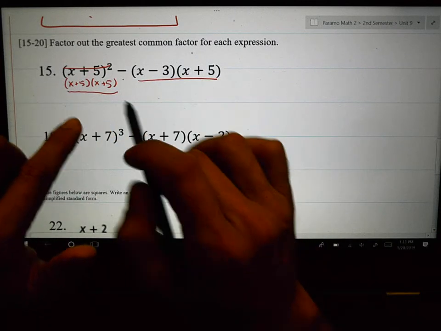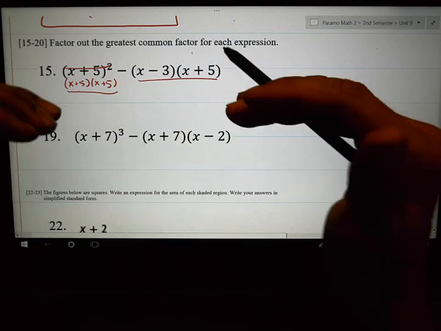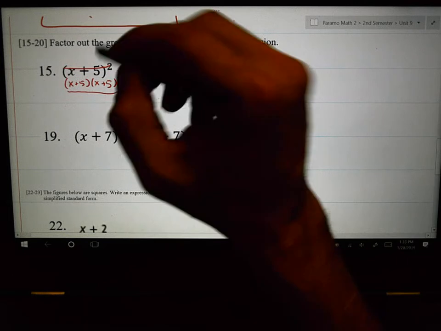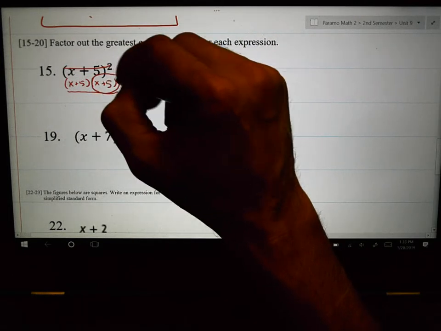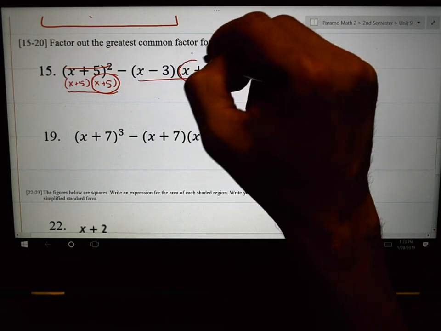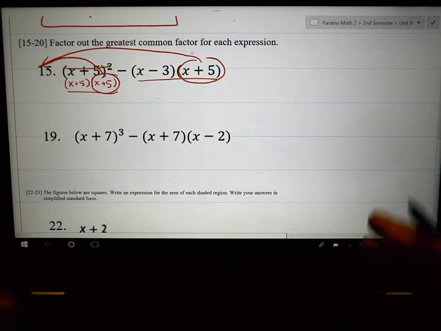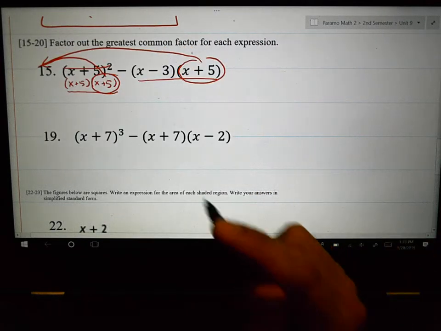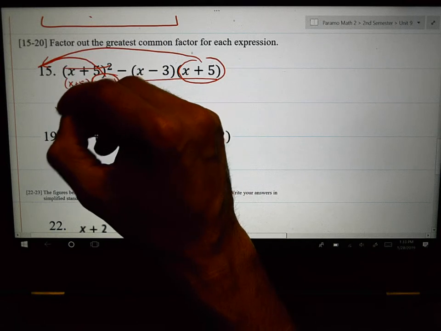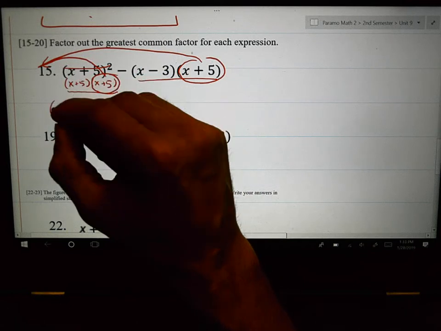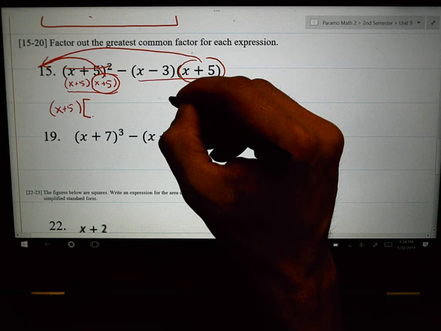If these 2 things have a common parentheses, I'm going to circle what I'm talking about, this and this. Aren't these both x plus 5s? Could I use the x plus 5 as a GCF? Absolutely. The x plus 5 would pop out, put it in parentheses, and then we would use brackets.